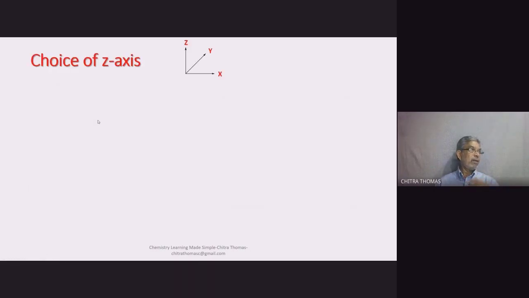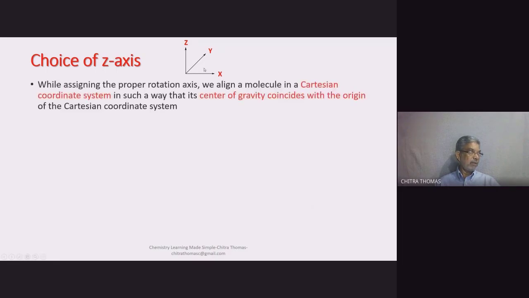Now, the choice of the axis. This is a Cartesian coordinate system. While assigning the proper rotation axis, we align a molecule in a Cartesian coordinate system in such a way that the center of gravity coincides with the origin of the Cartesian coordinate system.